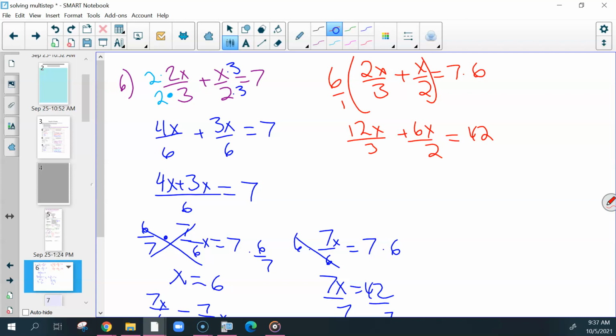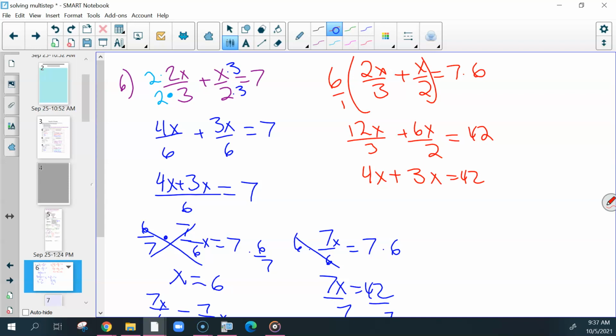Right now, we still have fractions, but they're going to simplify. Because 12 divided by 3 is 4, and 6 divided by 2 is 3. And now I no longer have fractions.